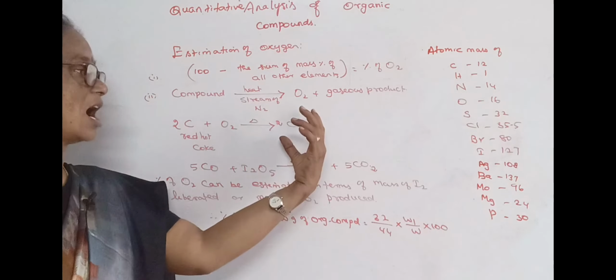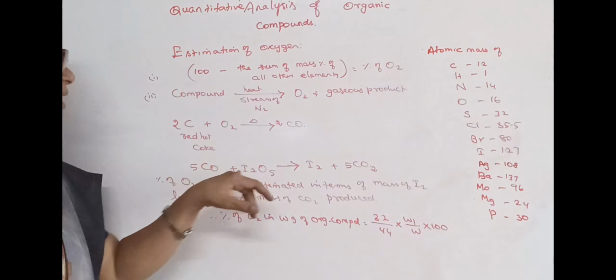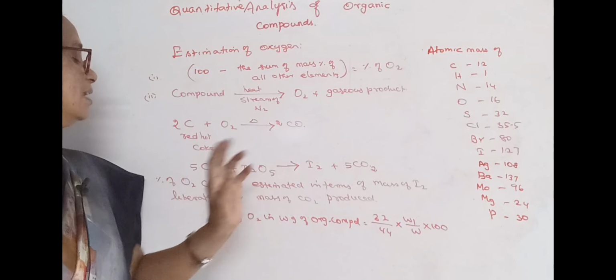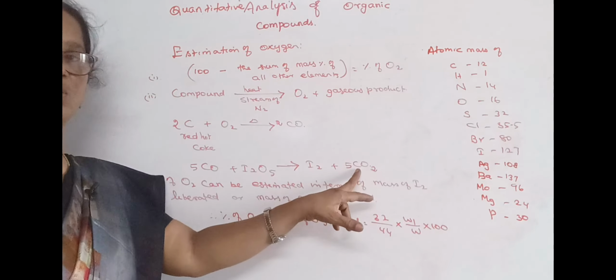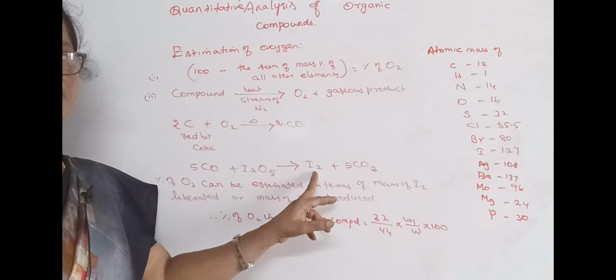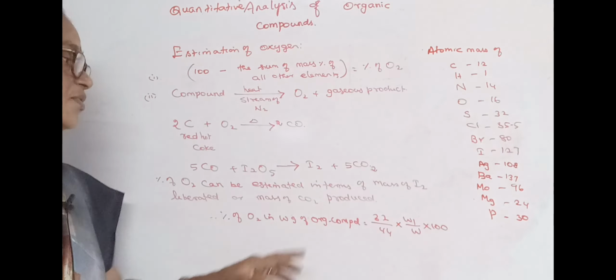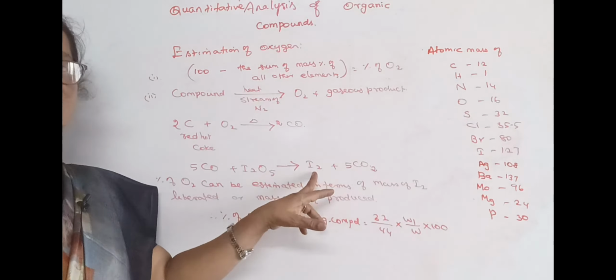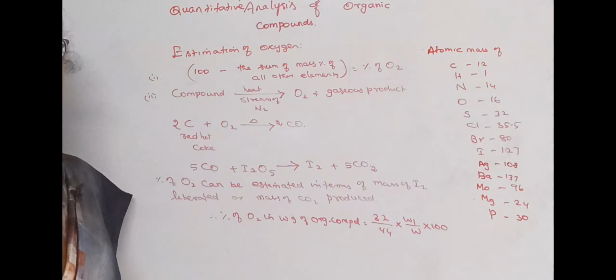Later on, the carbon monoxide is treated with iodine pentoxide, where the carbon monoxide is converted into carbon dioxide and iodine. So, in terms of either the liberated mass of iodine or the liberated mass of carbon dioxide, we can estimate the amount of oxygen present.